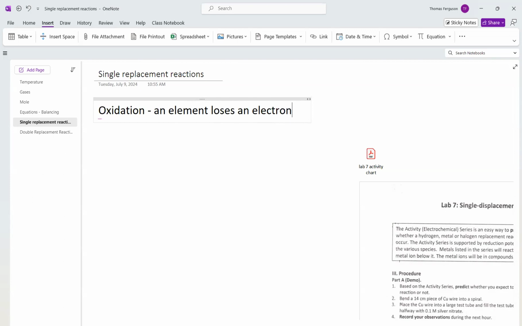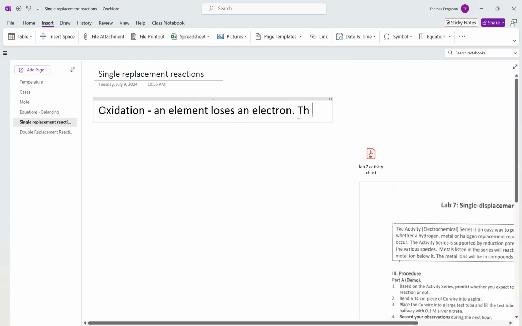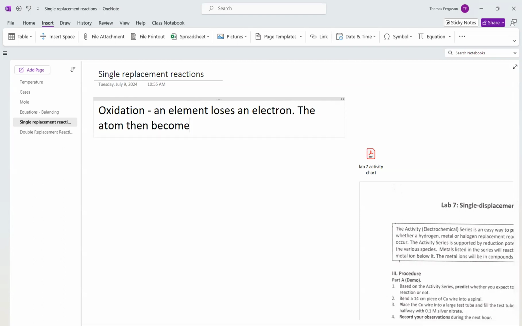Okay, so oxidation is the loss of electrons. Okay, so when that element loses an electron, it becomes more positive.